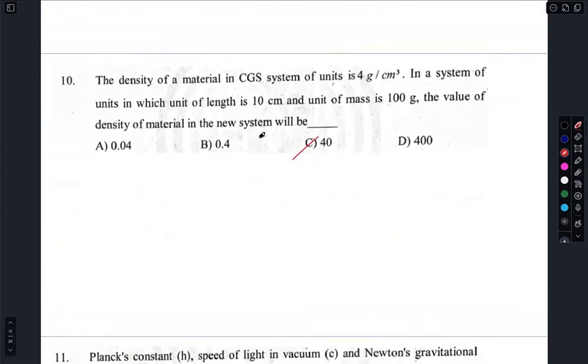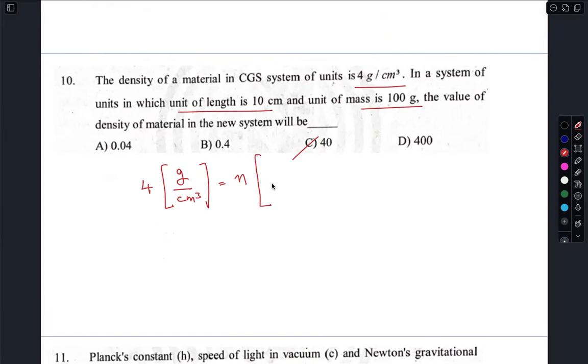Density of a material in the CGS system is 4 gram per centimeter cube. In a system of units where length is 10 centimeter and mass is 100 grams, what is the value of density of the material in the new system? Hold on. 4 times gram by centimeter cube is n times 100 grams by 10 cube centimeter cube.